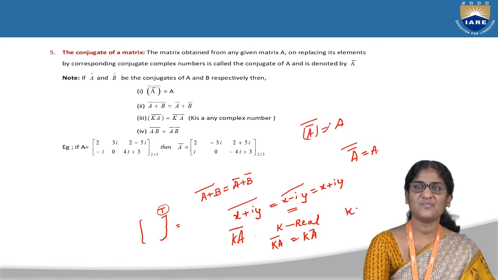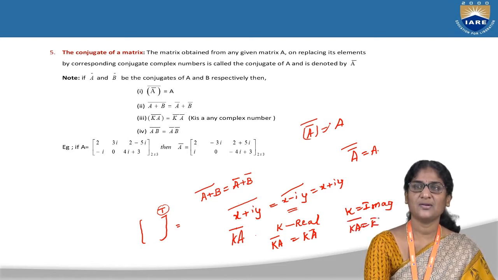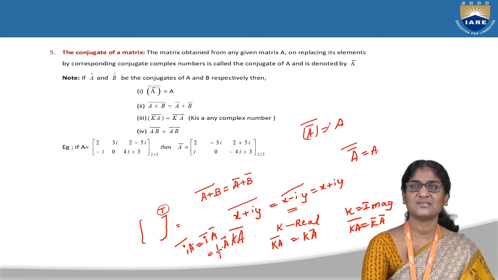If K is an imaginary number, then K A whole bar is equal to K bar into A bar. Suppose I into A is a matrix, then I A whole bar is I bar into A bar, where I bar is 1 by I. Is it clear?